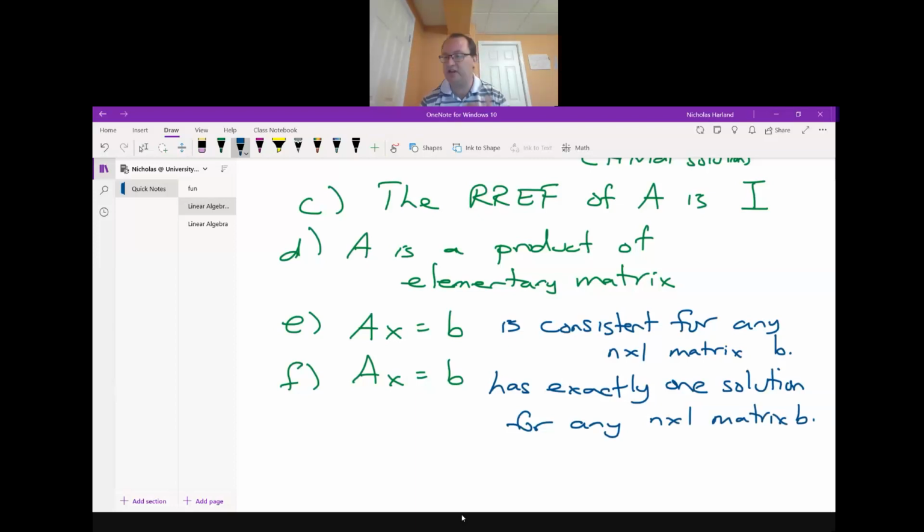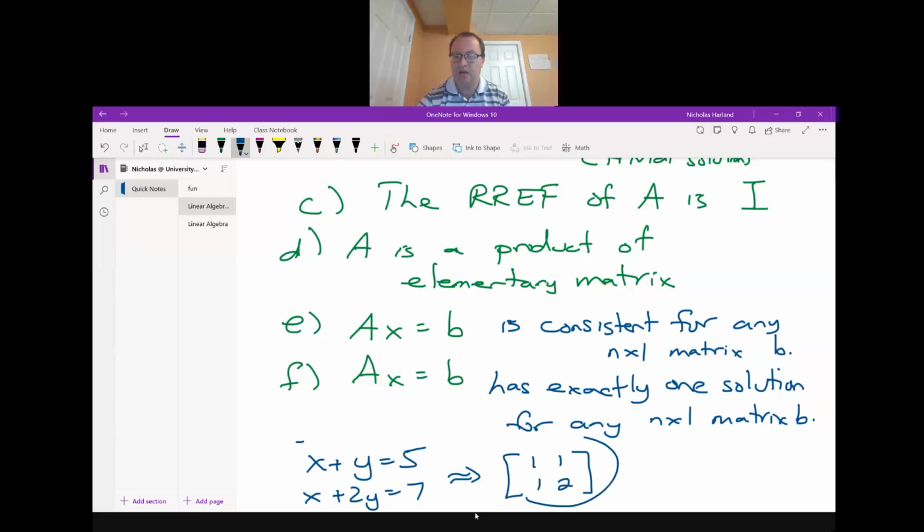And so we actually have more of a connection between a system of equations, as E and F are about systems of equations and properties of matrices, specifically the coefficient matrix of that system. So if you have a system of equations, for example, x plus y equals 5 and x plus 2y equals 7, then the matrix A we're talking about is 1, 1, 1, 2.